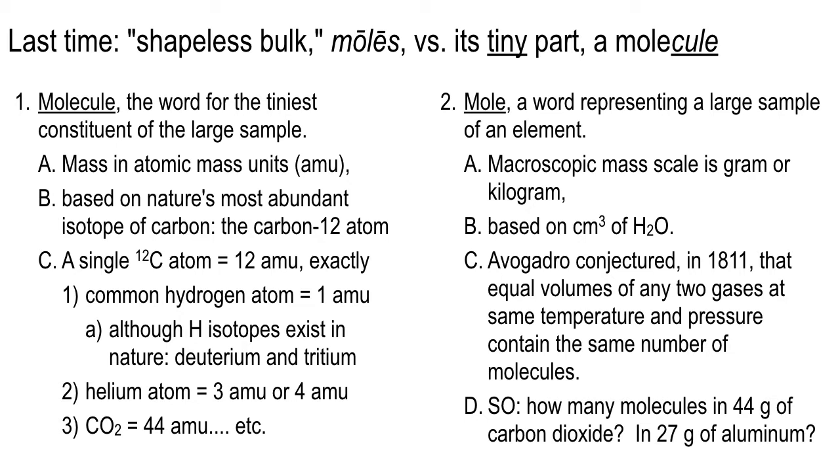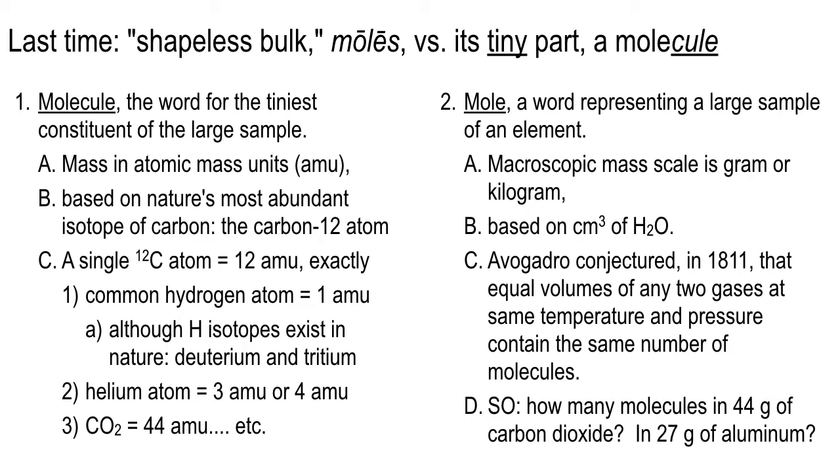Instead of thinking in liters, you can ask yourself, okay, how many molecules are there in 44 grams of CO2? You could ask, how many are there in a liter? But if you ask in terms of the atomic mass, 1 unit of CO2 is 44 atomic mass units.